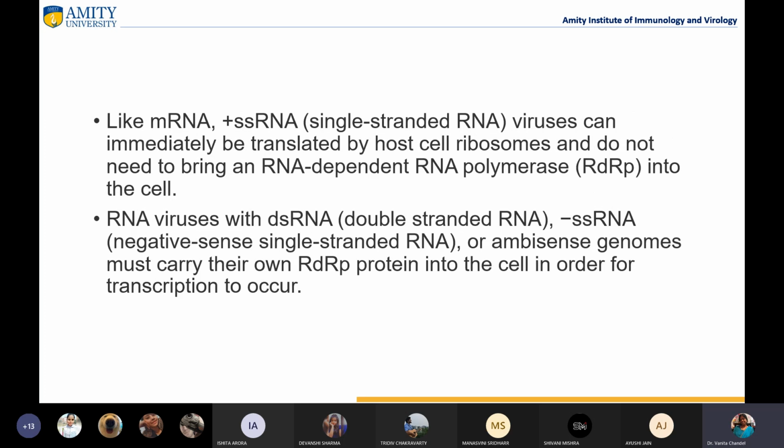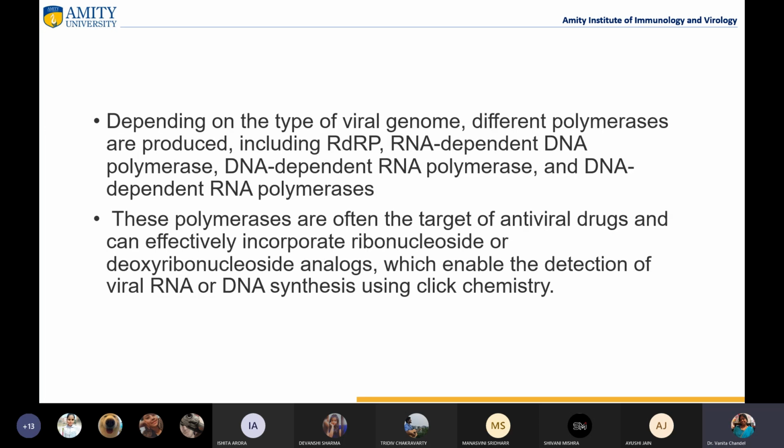Like mRNA, positive sense single-stranded RNA viruses can immediately be translated by host cell ribosomes, and they do not need to carry RNA-dependent RNA polymerase into the cell. Viruses with double-stranded RNA, negative sense single-stranded RNA, or ambisense genomes must carry their own RNA-dependent RNA polymerase protein into the cell for transcription to take place.